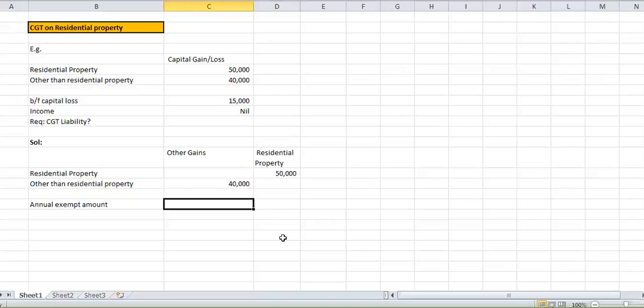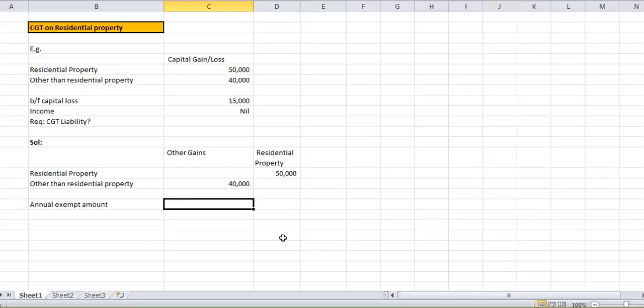So we will deduct it from residential property gains first. If gains from residential property are just £5,000, then the remaining annual exempt amount will be deducted from other gains. Can you please tell me the reason why we deduct the annual exempt amount in this way?